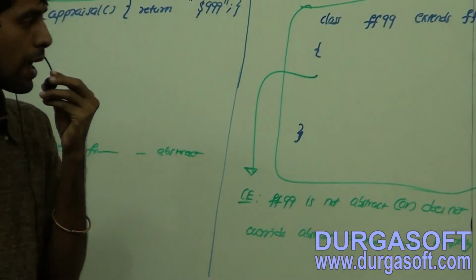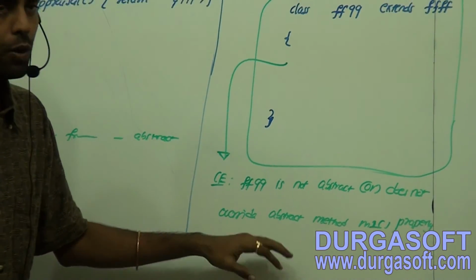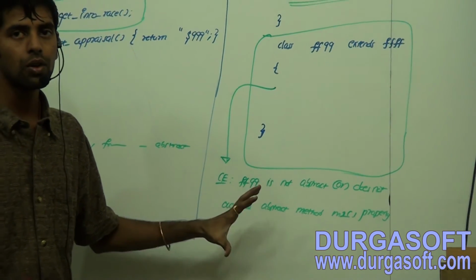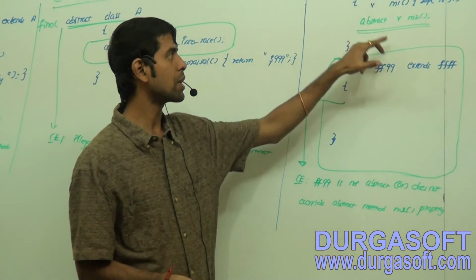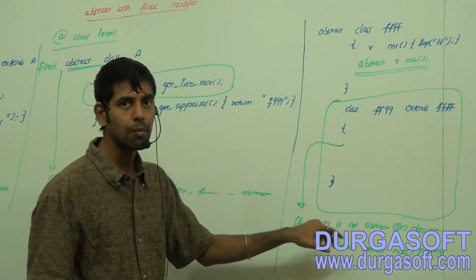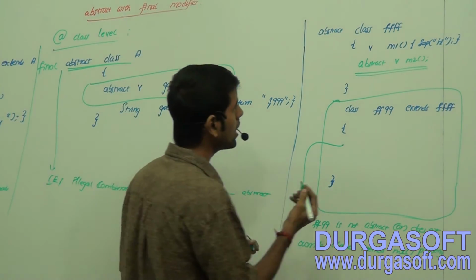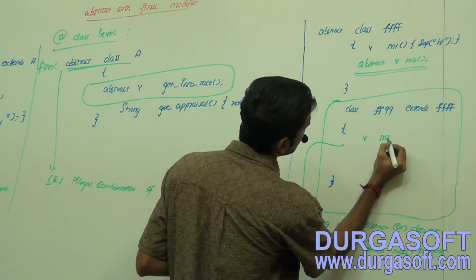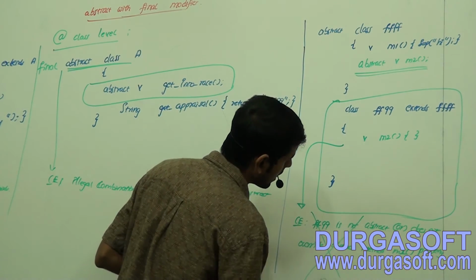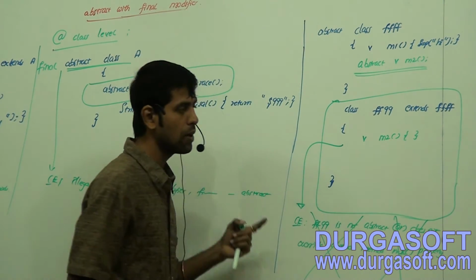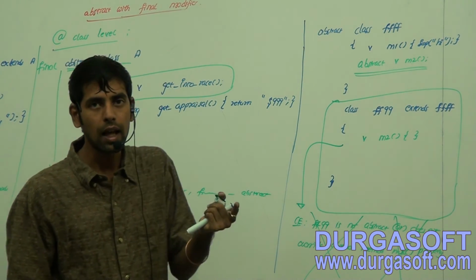So try to understand this one. Now I don't want to give implementation for this abstract void method. How to avoid this compile time error? Simple. What you have to do? In void M2, give some dummy implementation. Then this error will not be available to us.